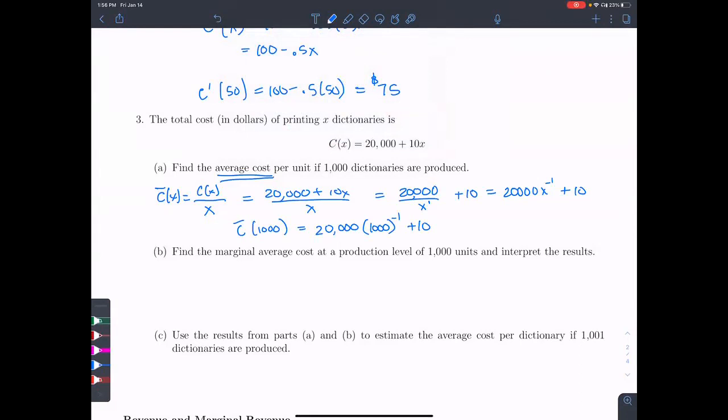Let's calculate it out. That was just 20,000 divided by 1,000, plus 10 is 30. This is 30.